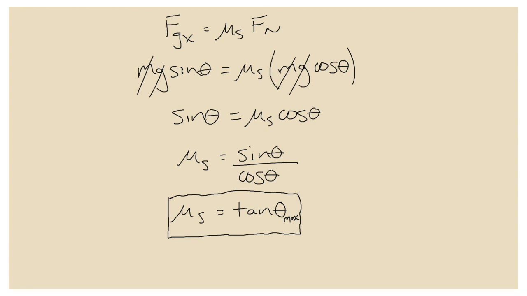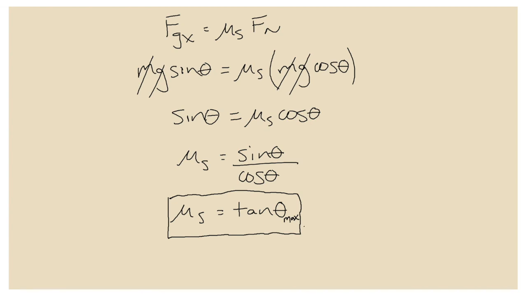But the point here is the static friction force can change. And because the static friction force can change, then we have to realize that above a certain angle, the object is going to move. But below that angle, the object won't move because the static friction force is just going to change its size.